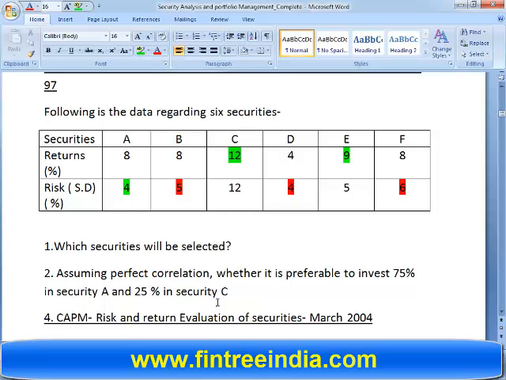So write down in the second part of the question, since the correlation between asset A and asset C is 1, the portfolio standard deviation can be calculated. Portfolio standard deviation can be calculated using simple weighted average.